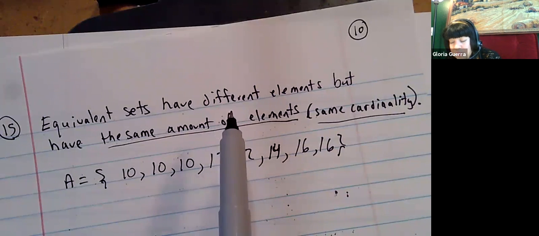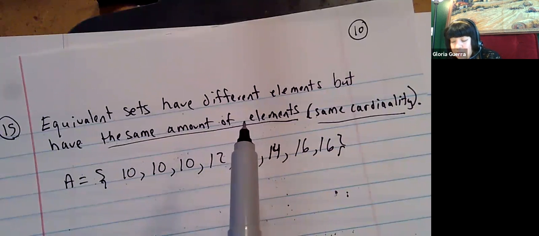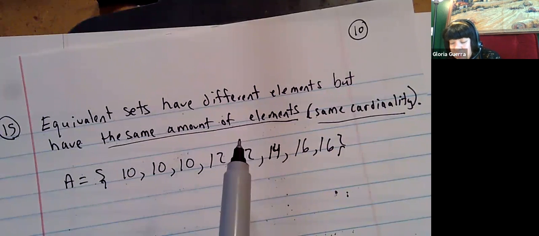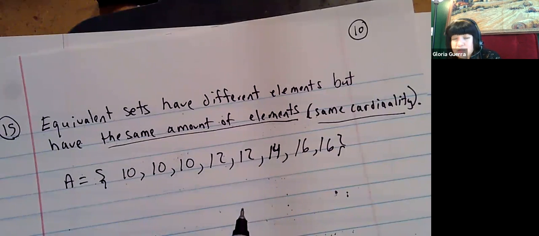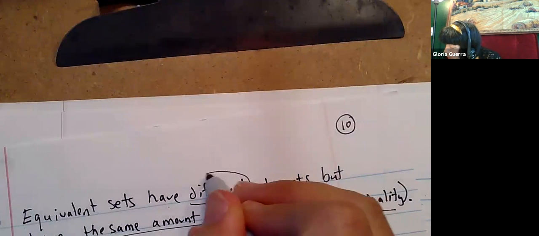So probably because any duplicating elements are counted as one element in a set's cardinality. That's probably why they say that. So that was kind of the reason why.